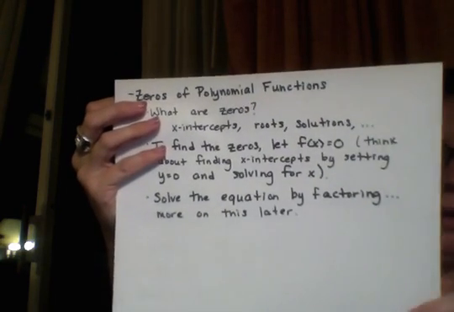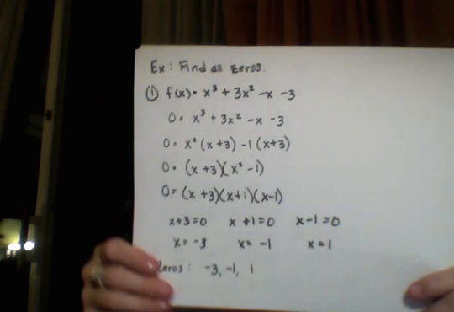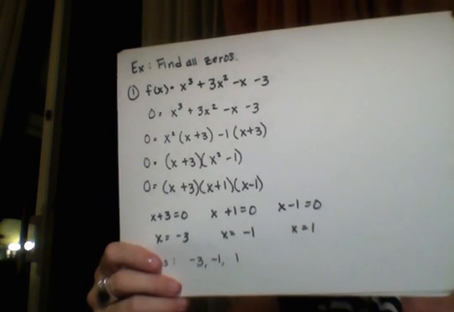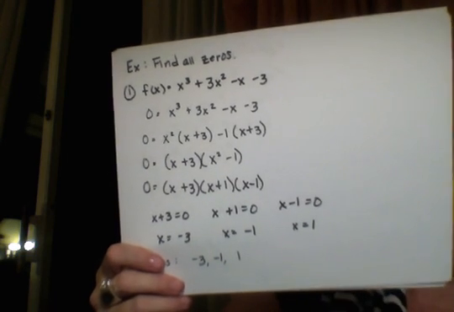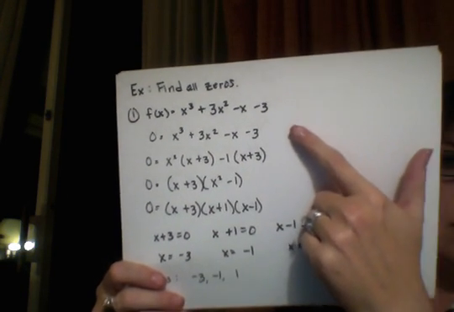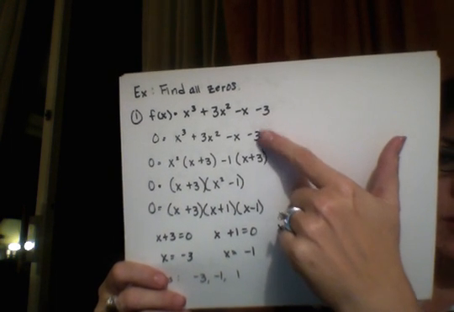Find all the zeros. So you'll notice we have a cubic equation. From the first step to the second, we had the function, then we have to let f of x equal 0. Then we started factoring. I used the grouping method.